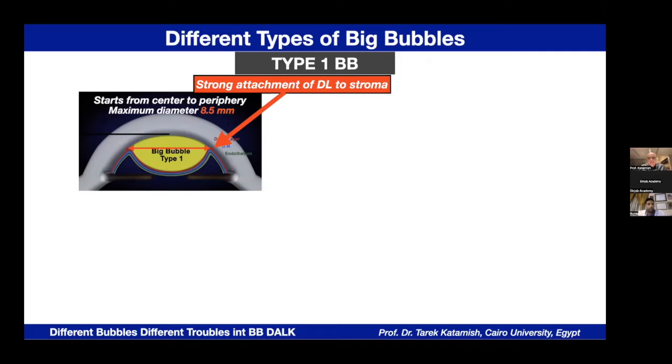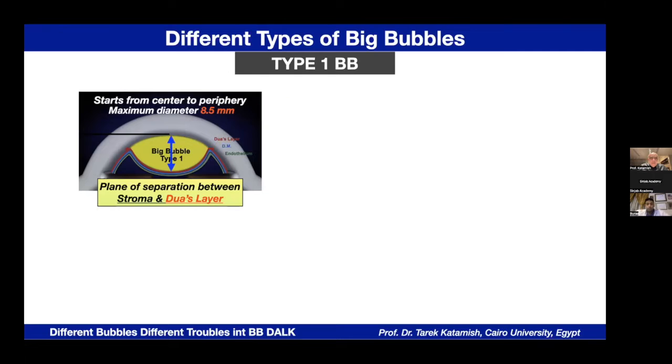This strong attachment resists the enlargement of the big bubble, and this point is the cause of the white color of the edge, because the bubbles are trying to spread, but they cannot spread. So there is a lot of emphysema at this circle. That's why we have a white color of the edge. And as you see, it is quite clear that the plane of separation is between the stroma in front and the Dua's layer behind.